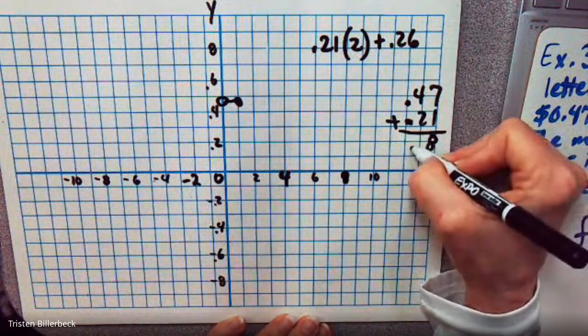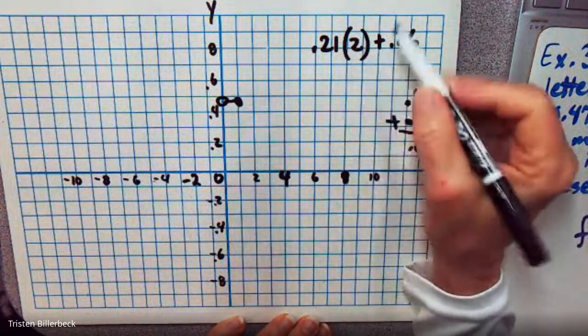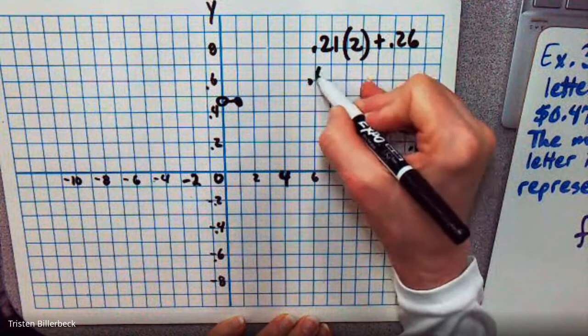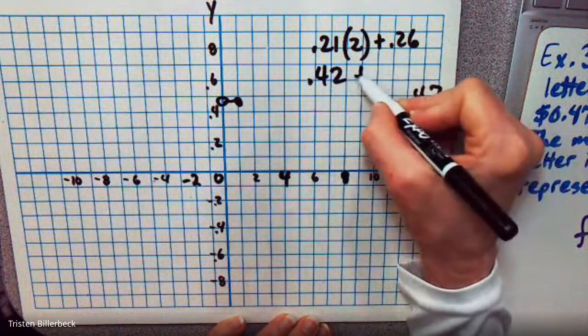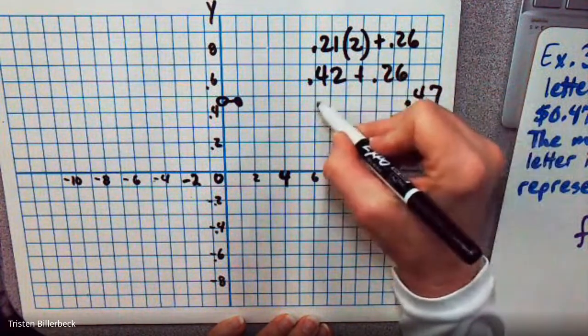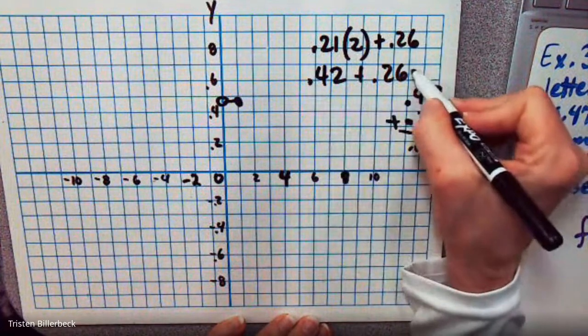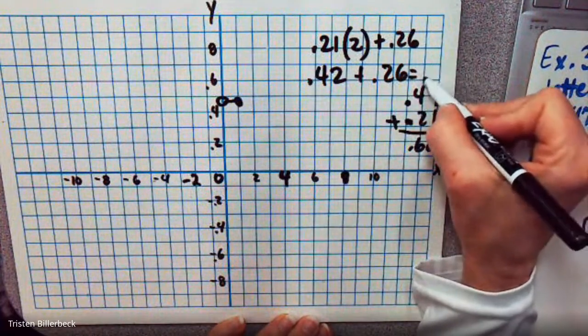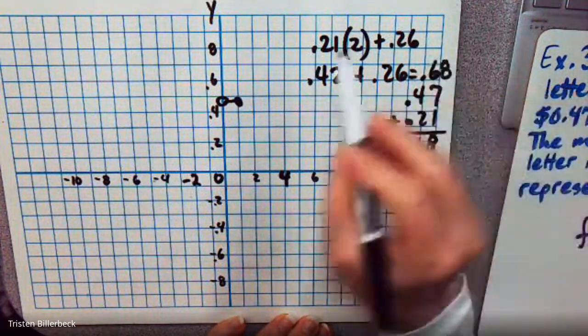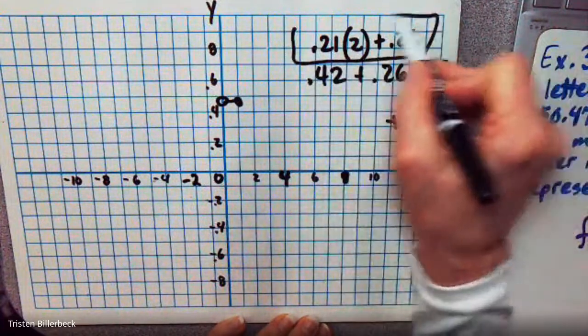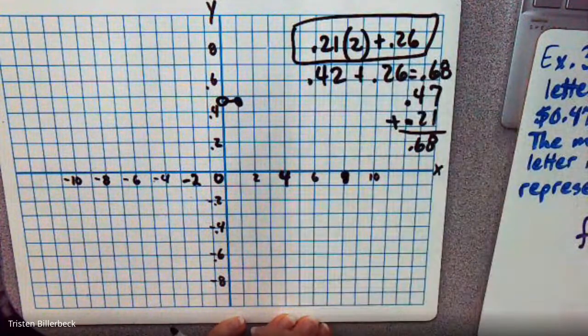So we have 0.68. So if we use this, this gives us 0.42 plus 0.26. So let's add that together. That gives us 0.68. So that's why we've set it up like this, where we're adding the 0.26.